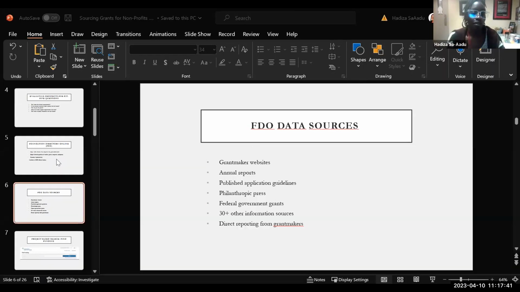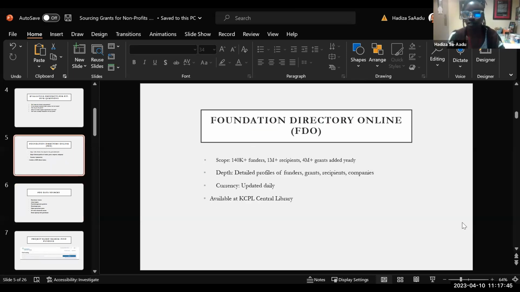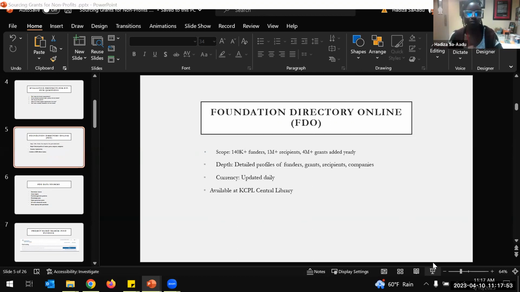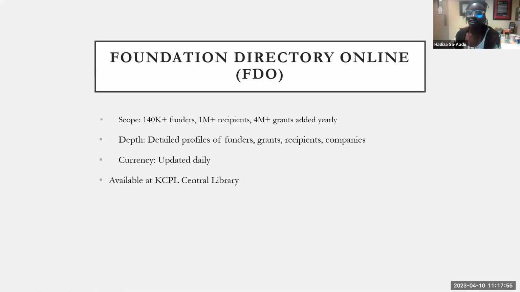Okay, so what is the Foundation Directory Online exactly? It is a database. Foundation Directory Online is arguably the most comprehensive database for accessing information about funders. So what is included inside?